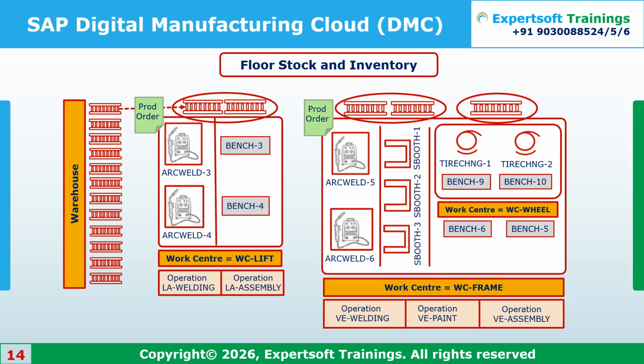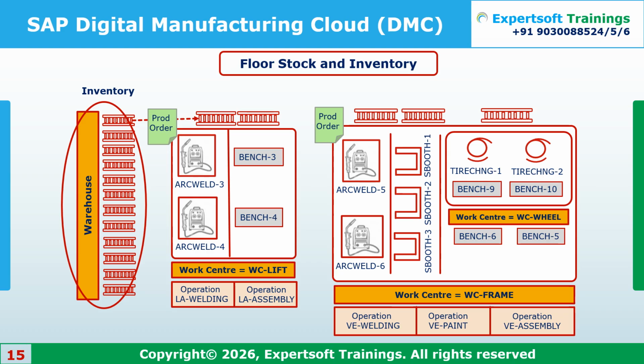Similarly, we can have this production order from the available material and the operations that we have in the S4 system. So the warehouse inventory is connected to the DM and to the production order.